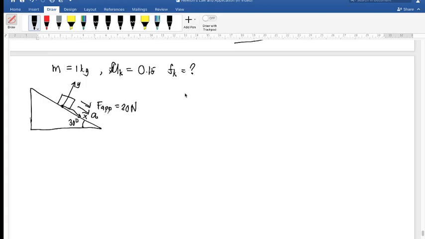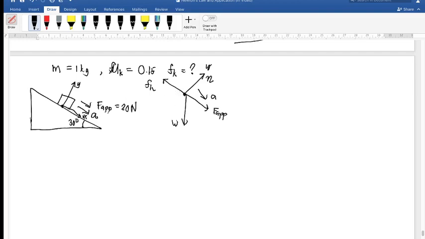Okay, so how to find the free body diagram? So we have here the normal force, okay, which is our y. We have the weight exactly, and then we have the friction going here, and we also have the applied force going dira, and this is our acceleration, which is again separate from the free body diagram.